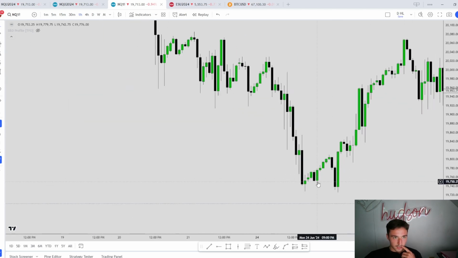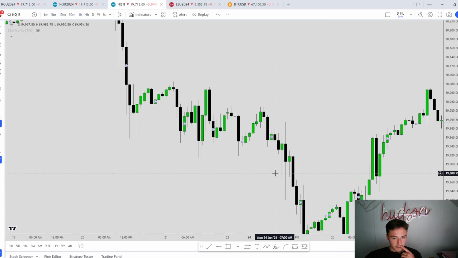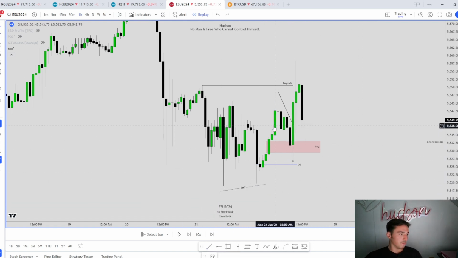It's right around here. 24th. Okay, so what time did this happen? 10 a.m. right here. What do we see right here? The 21st low was taken. The 21st was not taken. So we have a higher time frame SMT. Boom, right here. Perfect setup to target this low resistance liquidity.